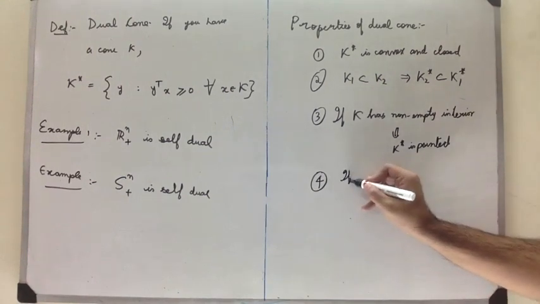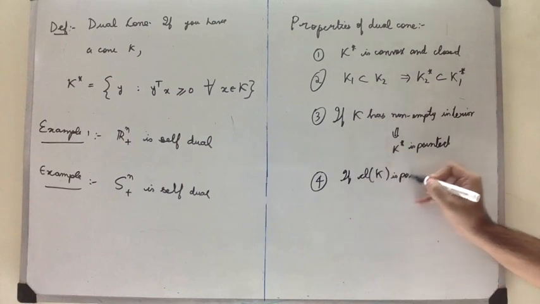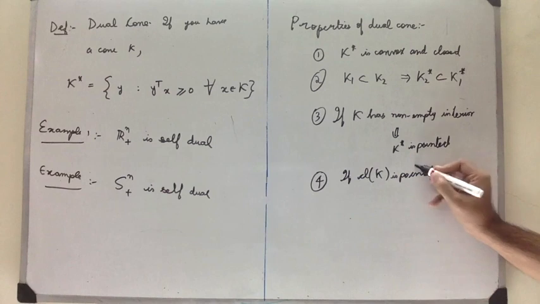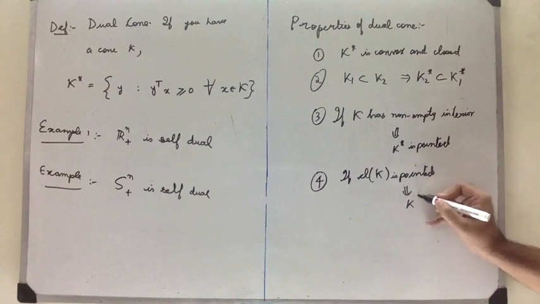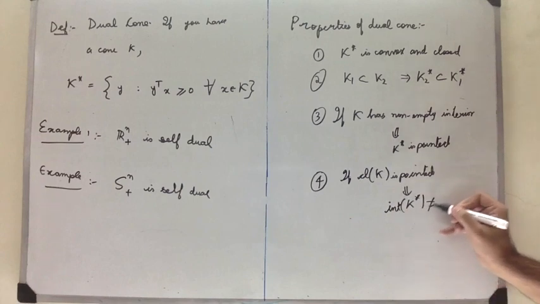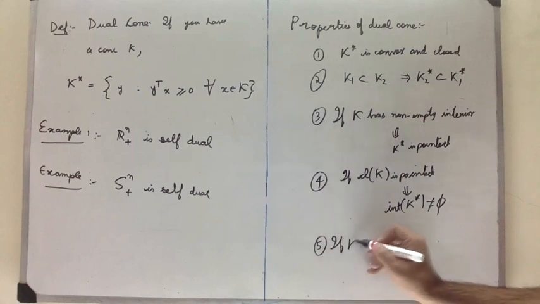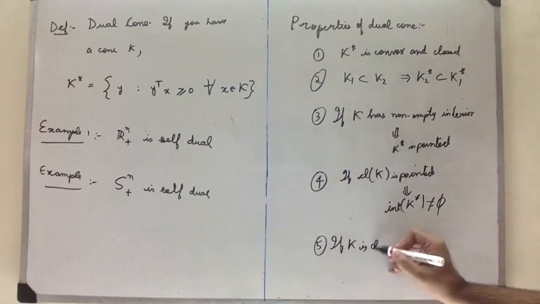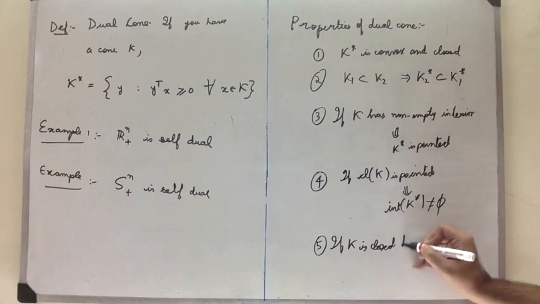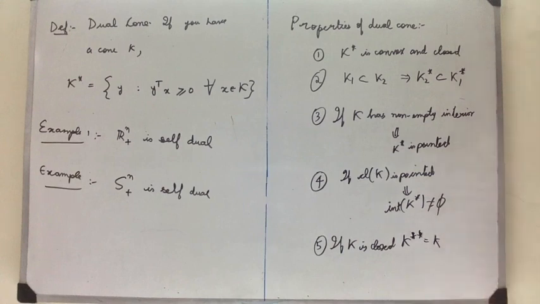If the closure of K is pointed, this implies K star has a non-empty interior. If K is closed, then the dual of the dual is the cone itself.